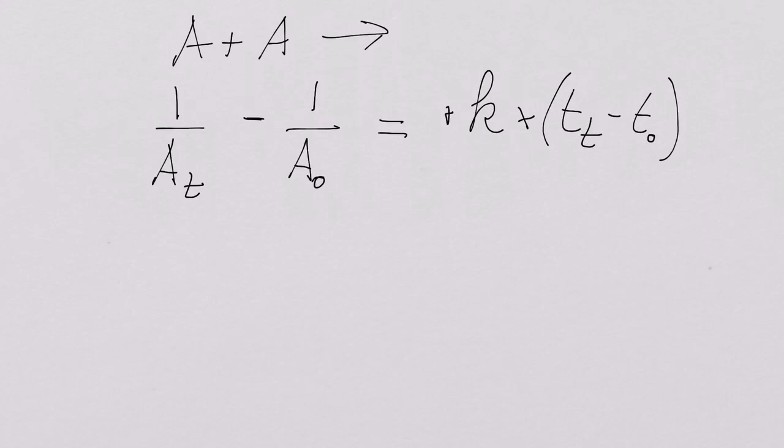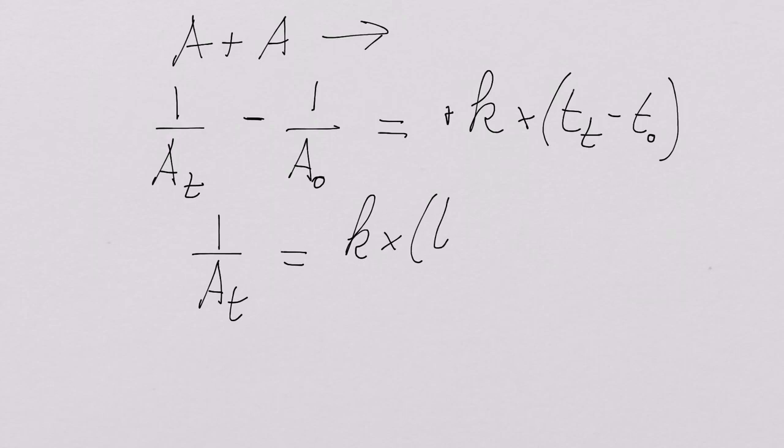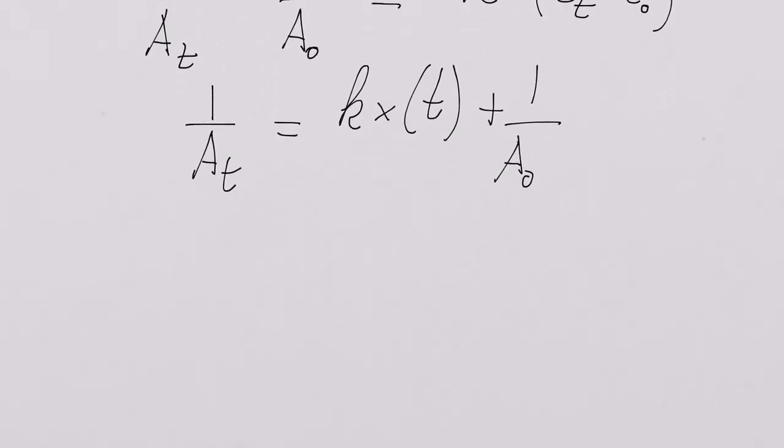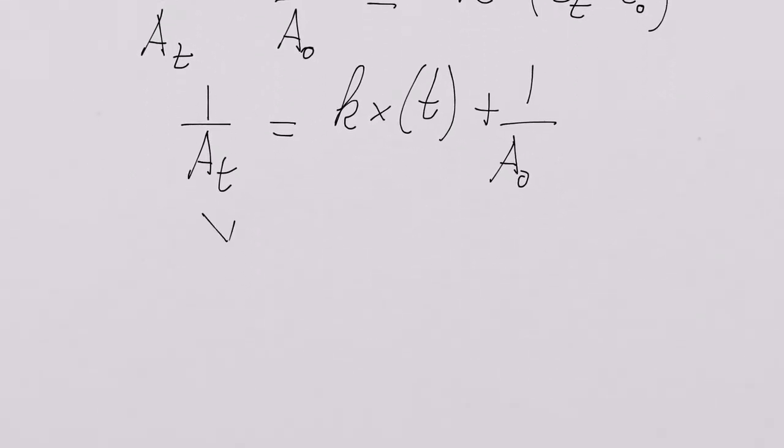And again, you can convert that into a linear form. You can say 1 over A at t equals k times t plus 1 over A0. And again, that is a linear equation, y equals mx plus c. Yeah?